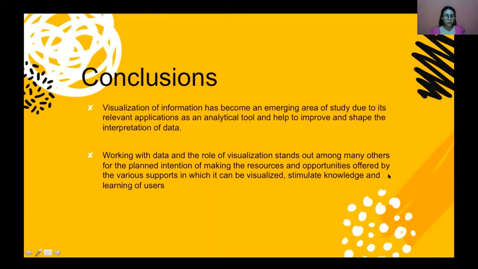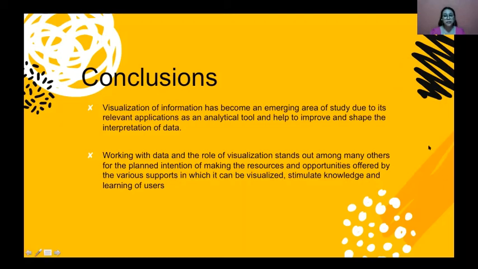The conclusions. Well, within the exposed analysis, it is possible to highlight that the visualization of information has become an emerging area of study due to its relevant application as an analytical tool that helps to improve and shape the interpretation of data. In fields of knowledge ranging from computer science to the humanities, and together with technology advances, it is constantly prevalent in different scenarios.